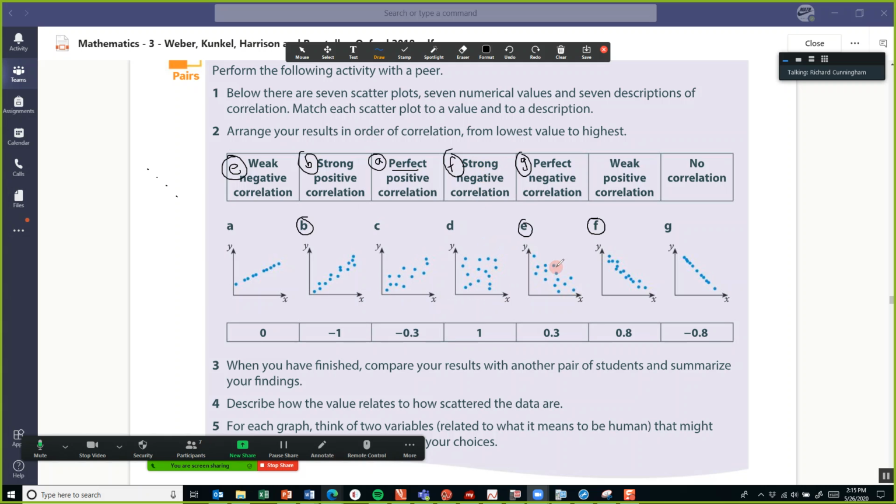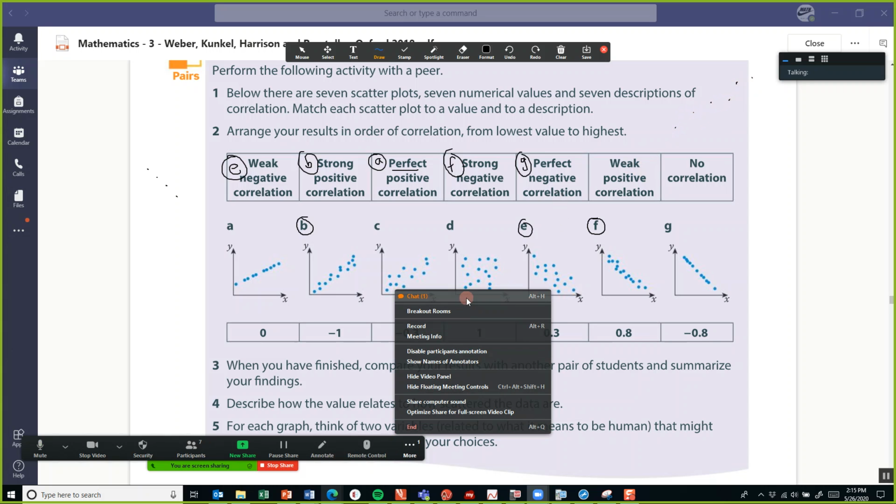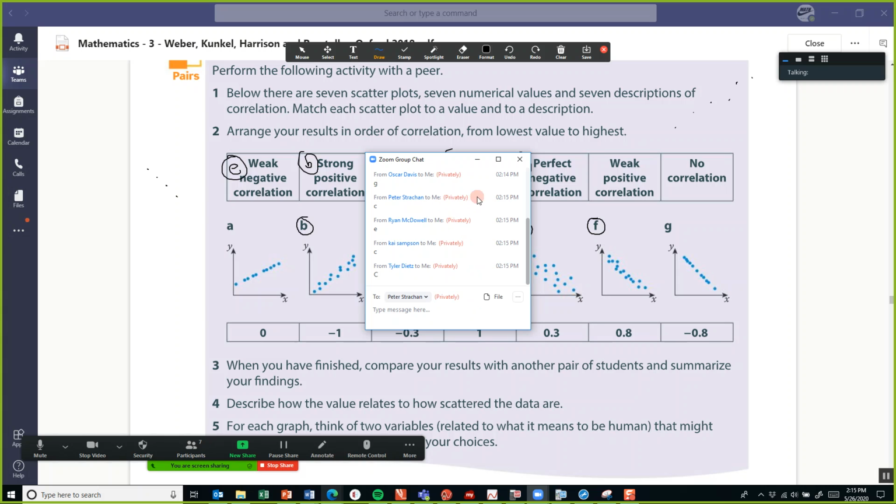We want weak positive, so remember if it's positive, the dots have to go up. Okay, good.